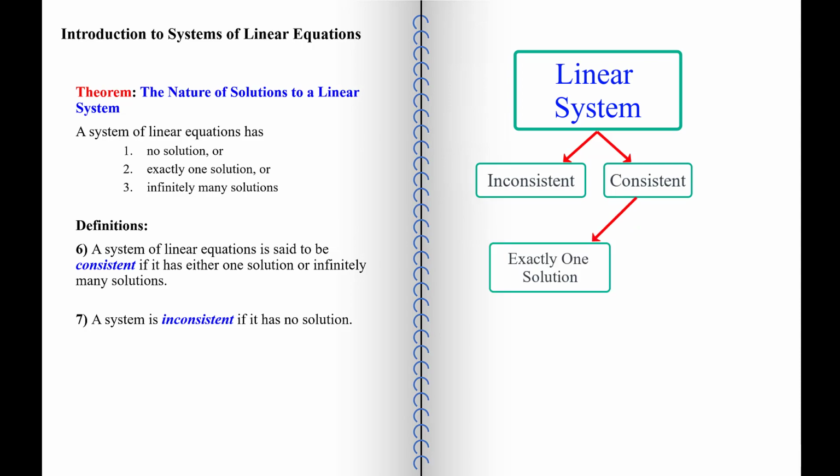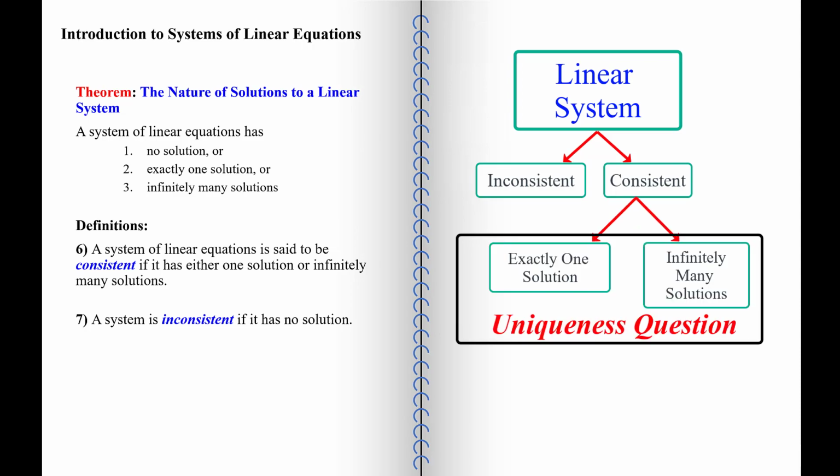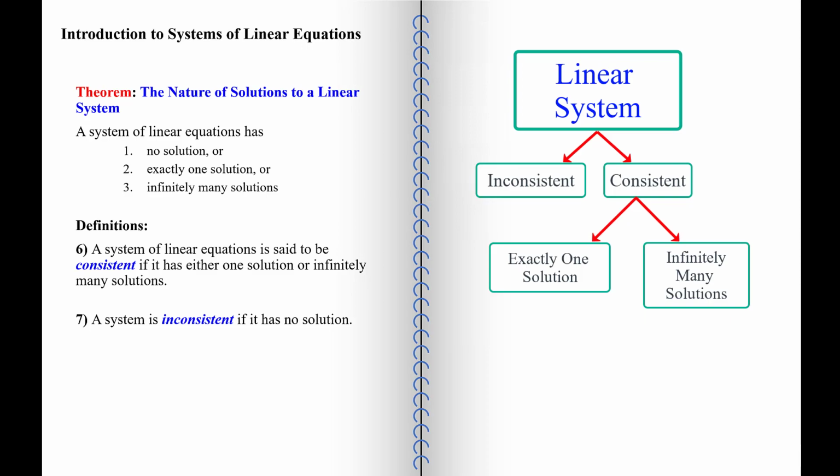And in the case of a consistent system, again, it's another binary situation. There are either exactly one solution or infinitely many solutions. As we see, these cases are depicted in this binary tree, the totality of solutions indicated by our theorem.